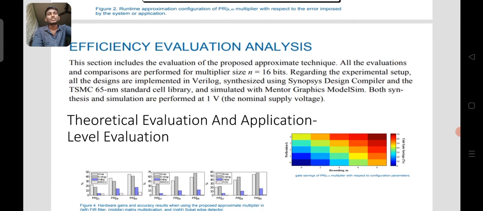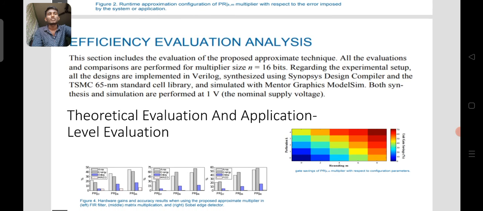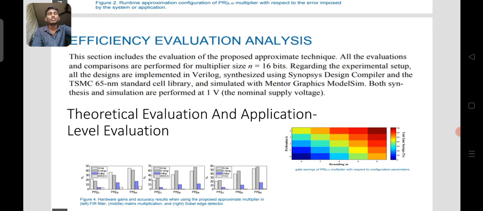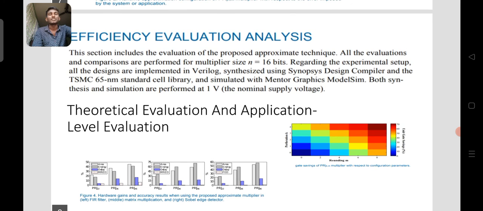Coming to the efficiency evaluation analysis, this section includes the evaluation of the proposed approximate technique. All the evaluations and comparisons are performed for multiplier size n equals 16 bits. Regarding the experimental setup, all the designs are implemented in Verilog, synthesized using Synopsys Design Compiler and the TSMC 65 nanometer standard cell library, and simulated with Mentor Graphics models.